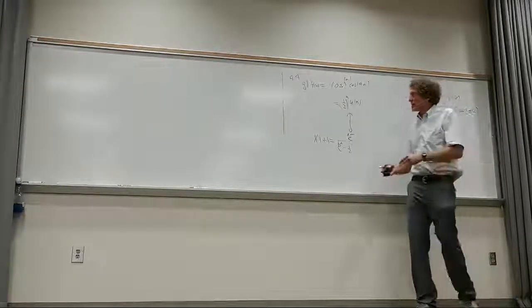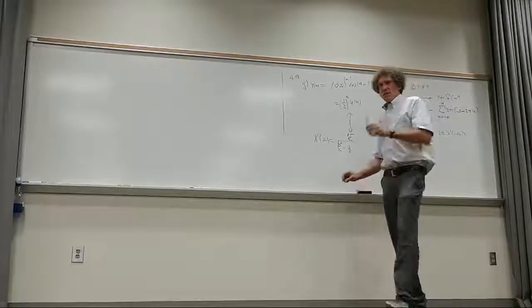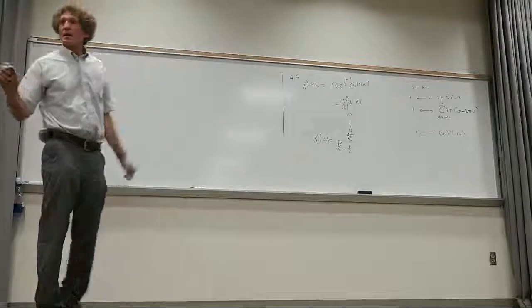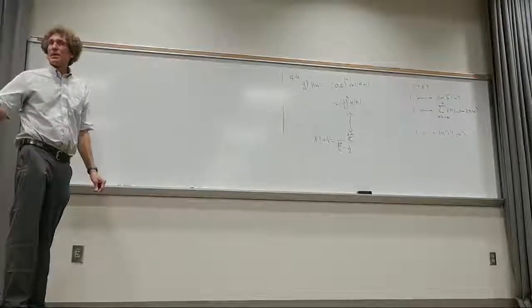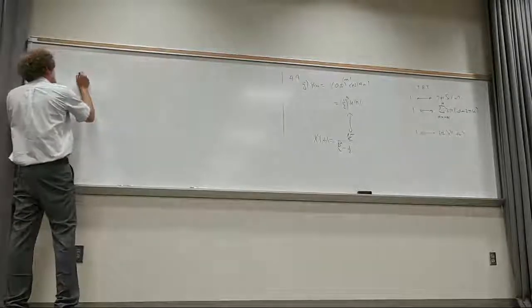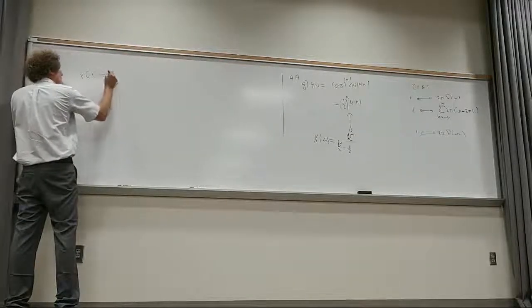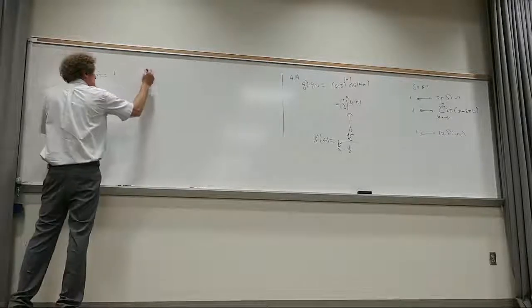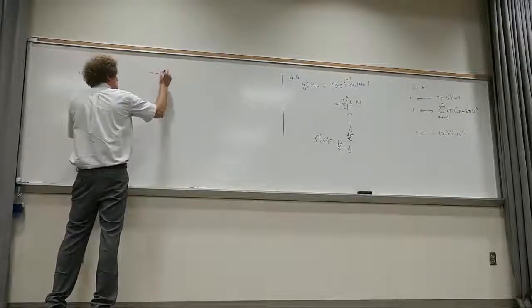All right. Now, what did you say? Tell me what it is. x[n] equals 1 from n equals 0 to 5 inclusive.